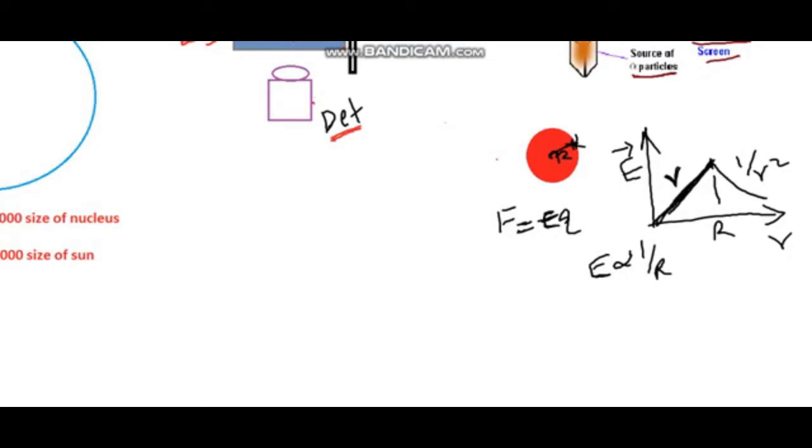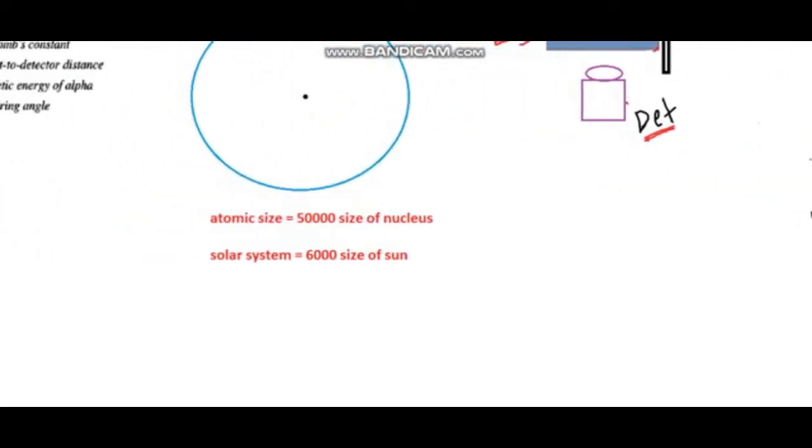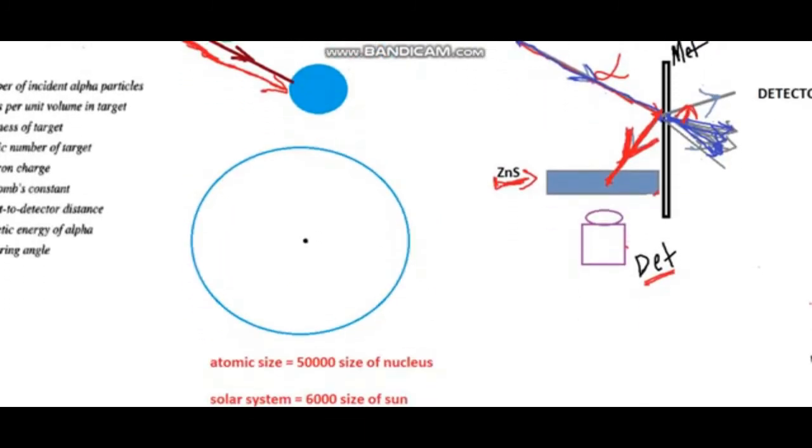Then he proposed his idea like this. The center one is the charge distribution, which is the nucleus. Later we call it the nucleus, where these positive charges are concentrated, and the outer ones are the electrons.